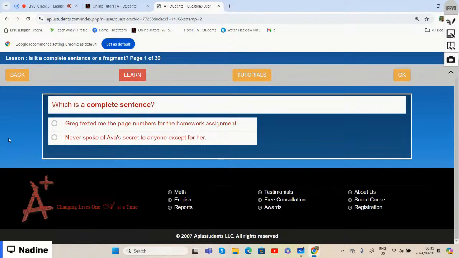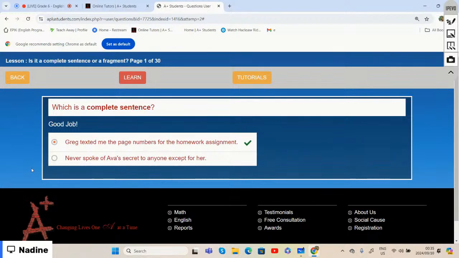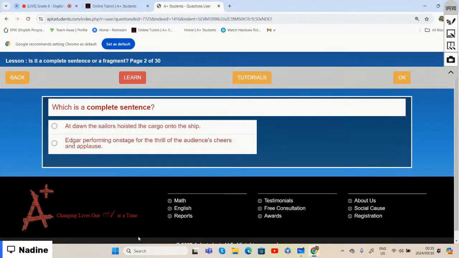All right, if we were to select our complete sentence, then we will say option one is a complete sentence. Yes, well done. Option one is correct.